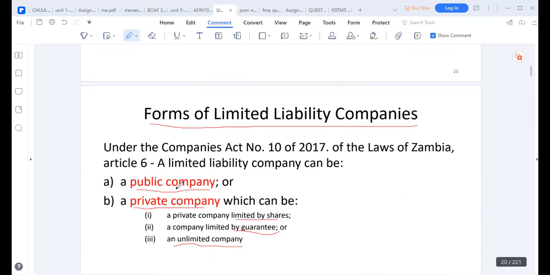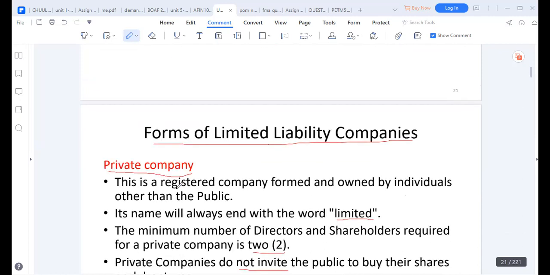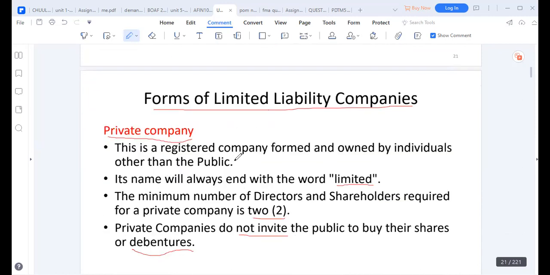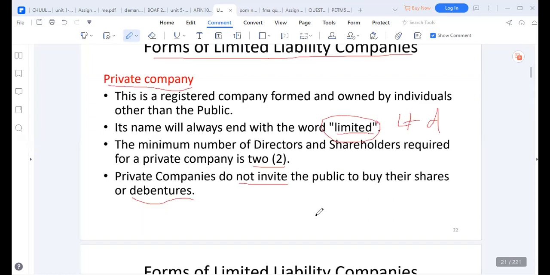What is a public company and what is a private company? A private company ends with the word limited, LTD. Here directors and shareholders are required to have a minimum of 2. In a private company, we are not asked to publicize our shares publicly.